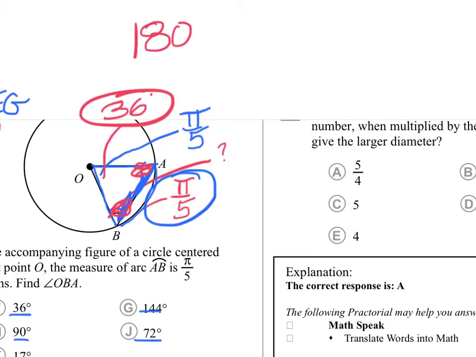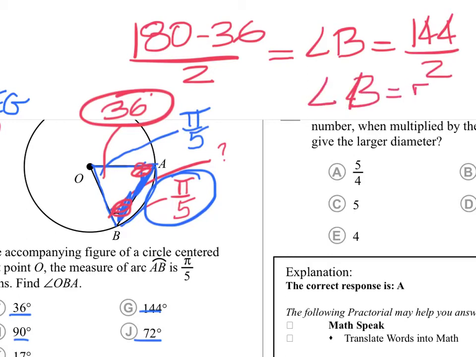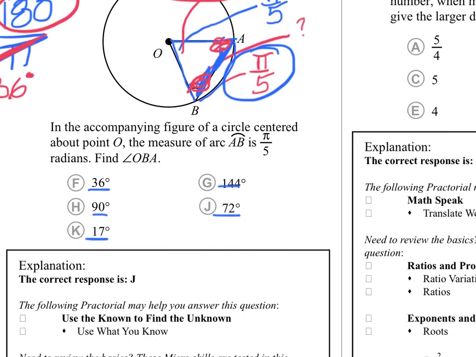Yes, 180 minus 36, divided by 2 will give you the measure of angle B. Okay. I know how to do these, I just don't know how to set them up. So what should it be? 72. 72, and that was choice J.